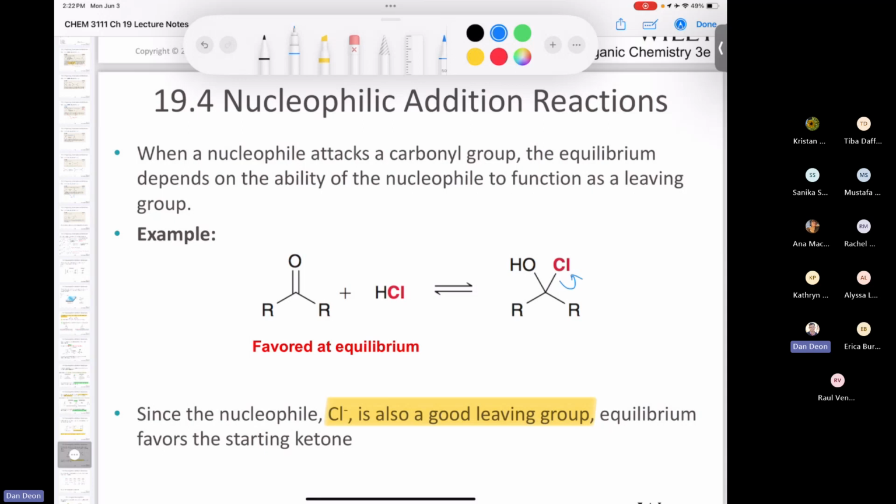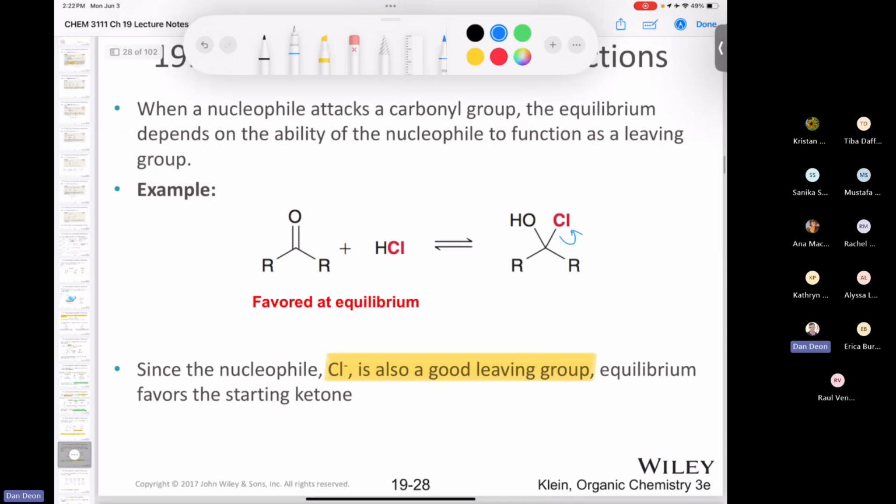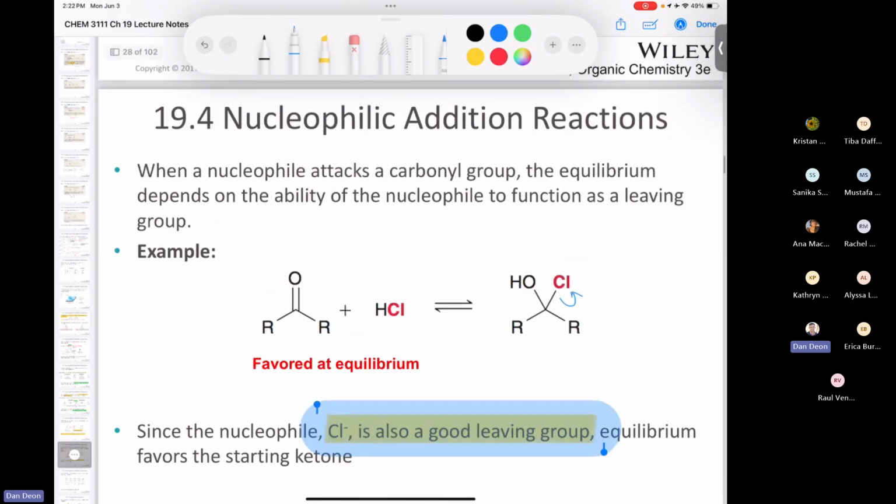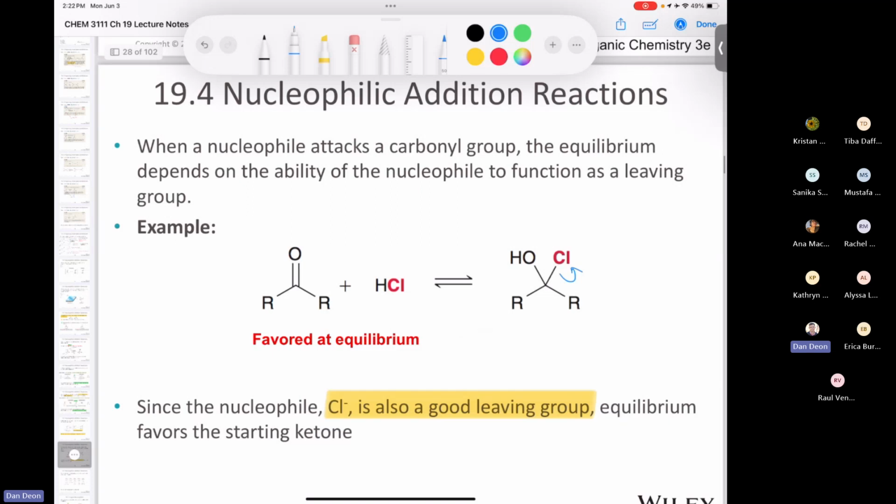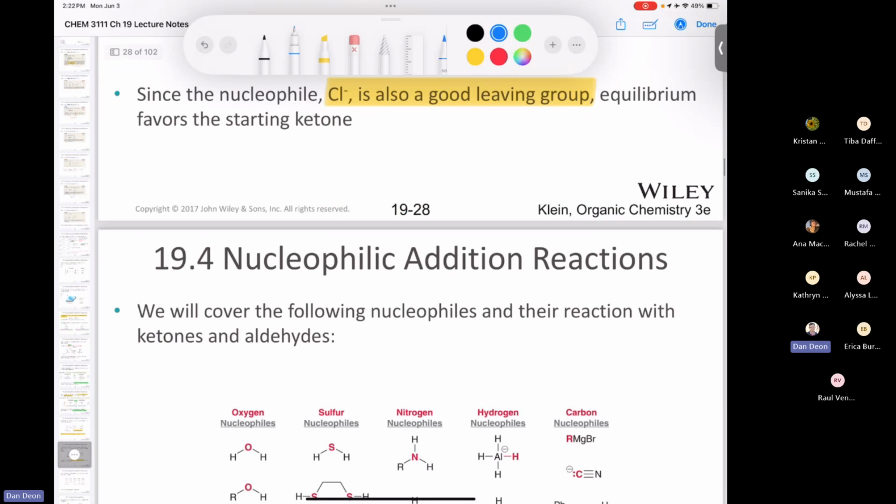So it turns out that in this case, it's mostly the ketone at equilibrium, okay? You have very little of the product in here. So more correctly, the arrows would be drawn like this, okay? It's mostly the ketone. Again, chloride is a really good leaving group. There's no newsflash there, okay? Chloride is the conjugate base of HCl, which is a strong acid.